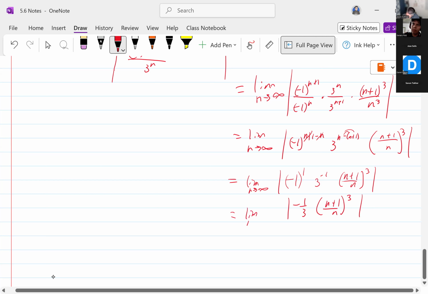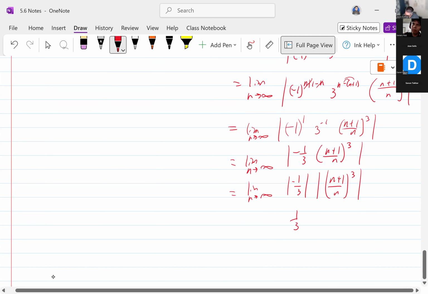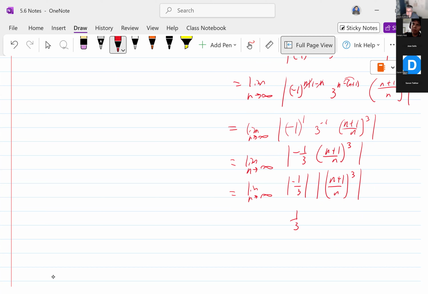equals the limit as n goes to infinity. I can break this apart. Absolute value of -1/3 times the absolute value of n plus 1 over n cubed. Limit as n goes to infinity. The absolute value of -1/3 is just 1/3. N plus 1 over n, I can divide both top and bottom by n.